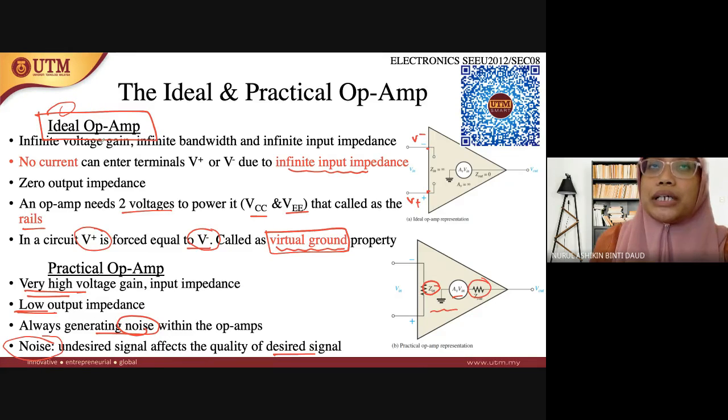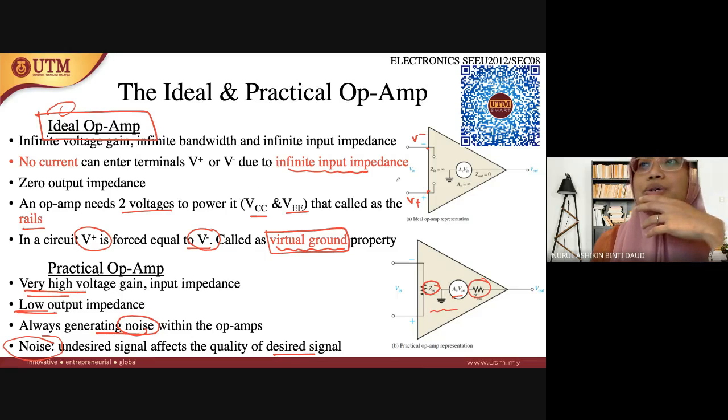But usually in calculations, in equations, we will consider the op-amp as the ideal op-amp, where the input impedance value is very high, which is infinity. But in practice it is not infinity, though the value is very high.